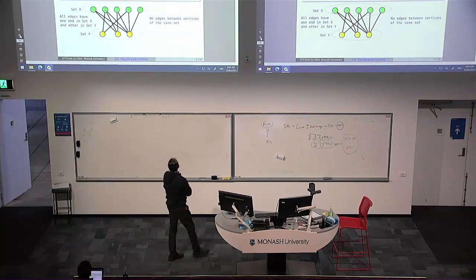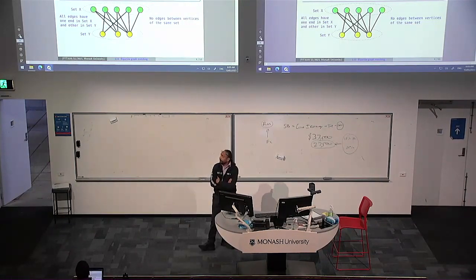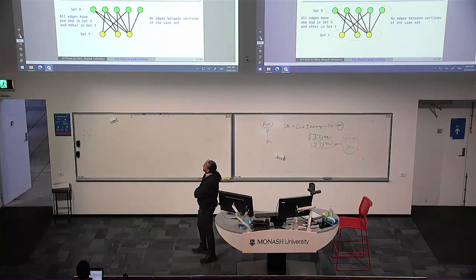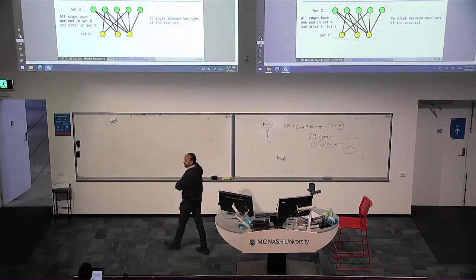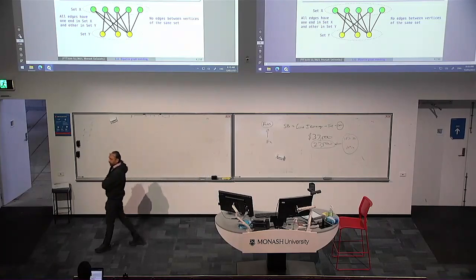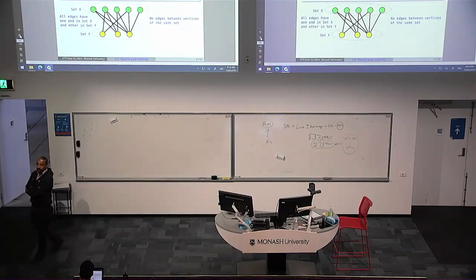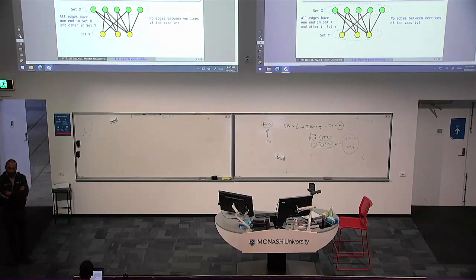If you look at the example there, there's a vertex set X and a vertex set Y. The total number of vertices in a bipartite graph is all the vertices in X and all the vertices in Y. But if you look at the edges, they have a special property. You never have edges between vertices in the same set, but you have edges that go from one set to another.